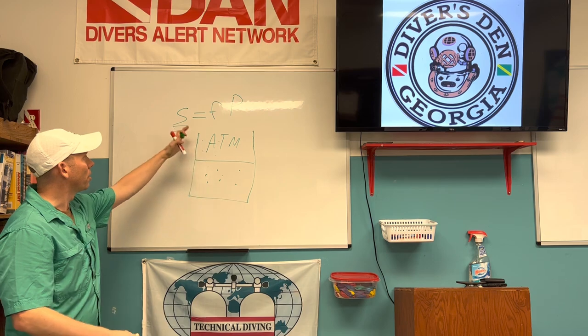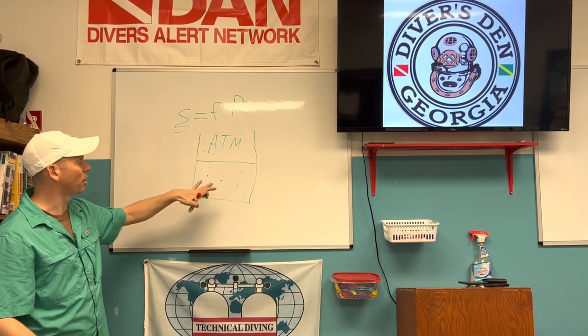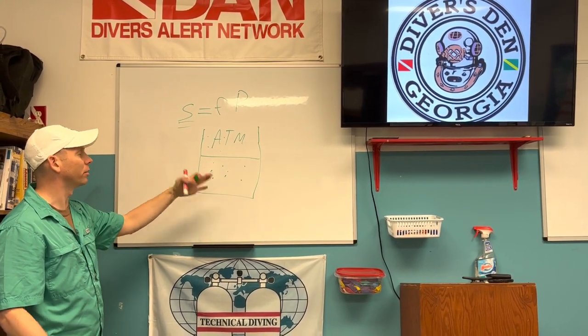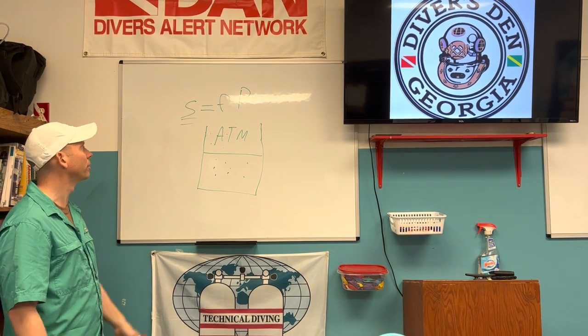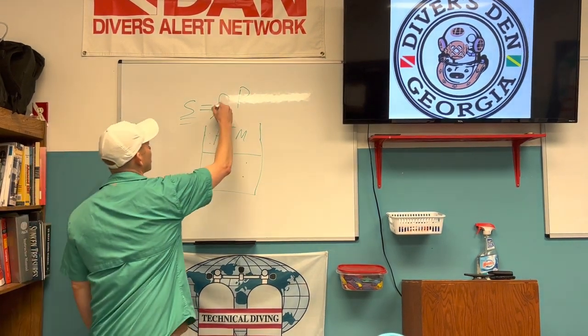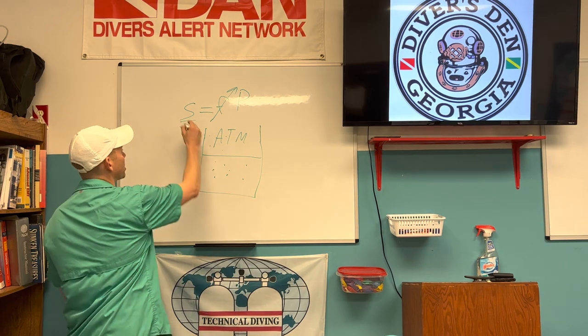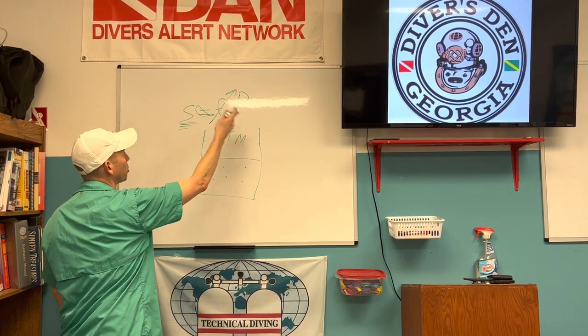So that's what Henry's law states. We don't worry about the number of moles dissolved in diving because it's not really relevant for our cause. So we don't care about this, right? All we care about is the solubility is proportional to the pressure.